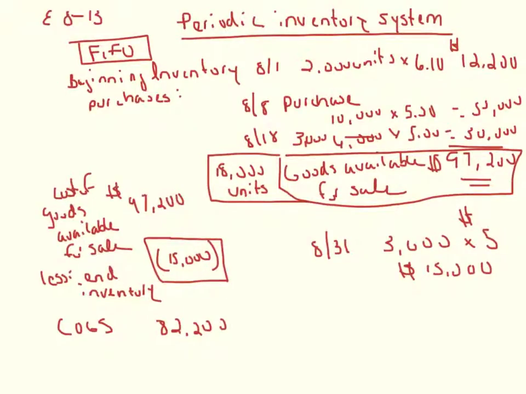All right, I'm just going to move on to the next slide here. So now looking at this based on LIFO, we have our same things up here, our beginning inventory of 12,200.